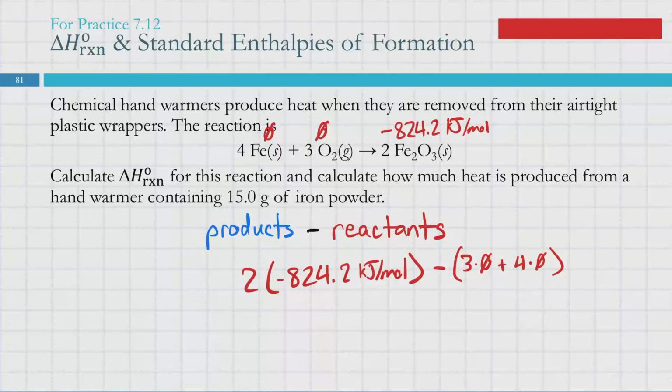So we're subtracting 0. So it's basically just this left side. 2 times negative 824.2. So our standard heat of the reaction, delta H, is negative 1648.4 kilojoules per mole.